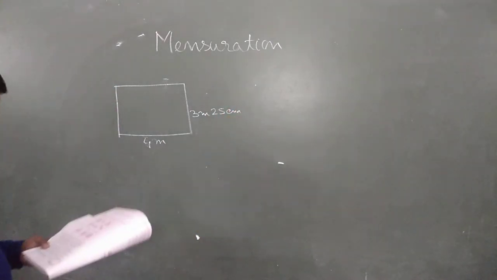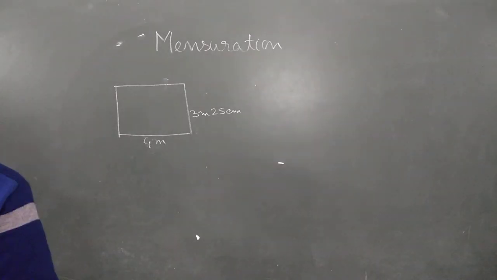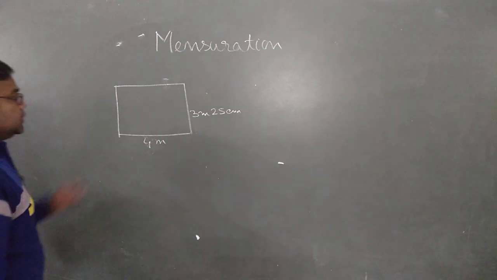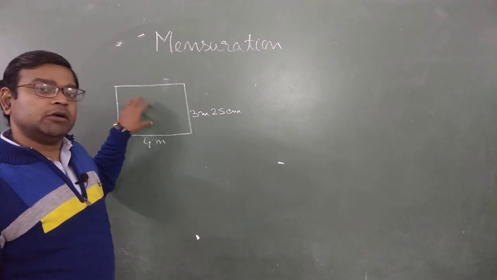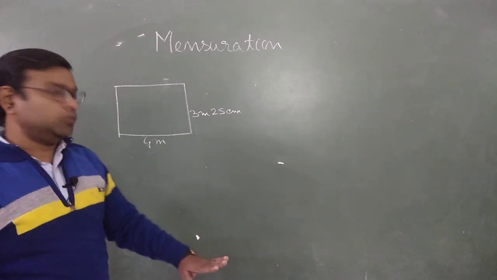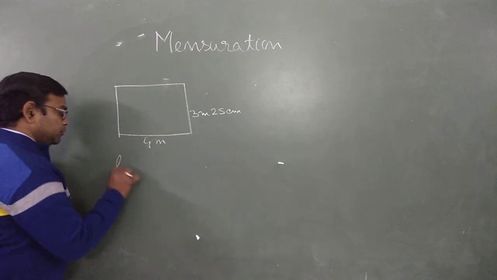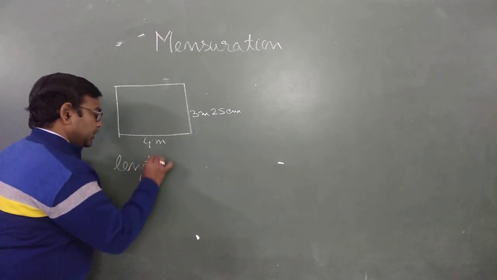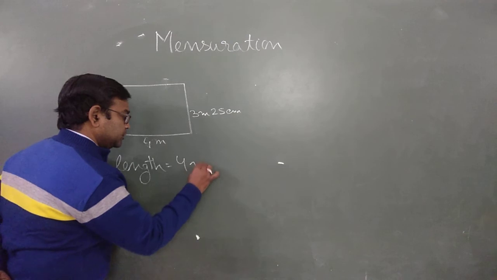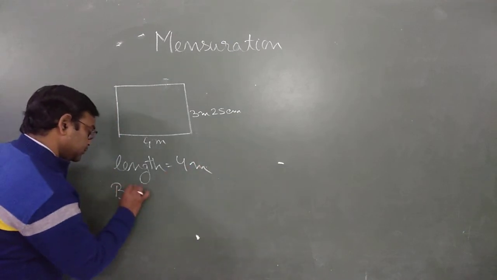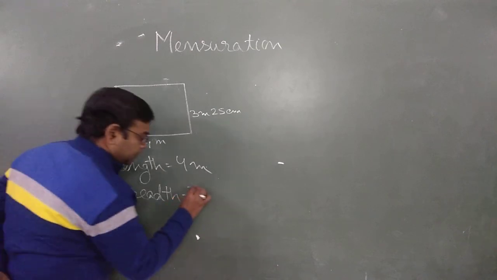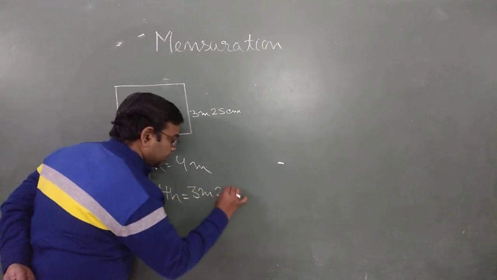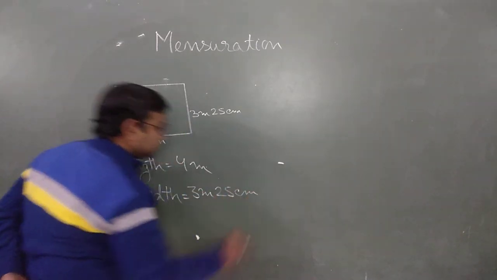We have to find out the area of the floor, or the area of the carpet required. Means we first find out the area of the floor, and that is the area of the carpet required to cover the floor. Here you must note down what is given to you. Length is given, it's 4 meter. Breadth is given, it's 3 meter 25 centimeter.